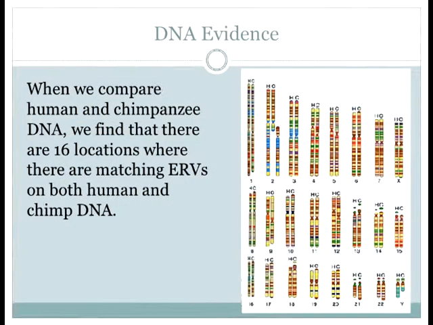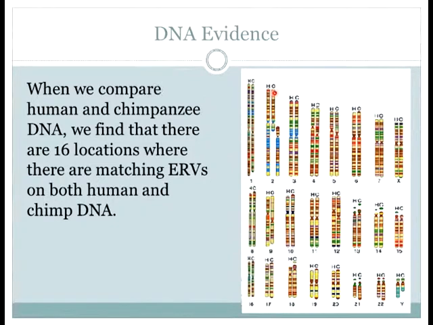Well, let's go ahead and look at a comparison between human and chimpanzee DNA. Okay, when we look at human and chimpanzee DNA, as we can see here, we have the DNA of a human on the left side, and we have the DNA of chimpanzee on the right side, and we then have all 23 chromosomes of human DNA and all 24 chromosomes of chimpanzee DNA.